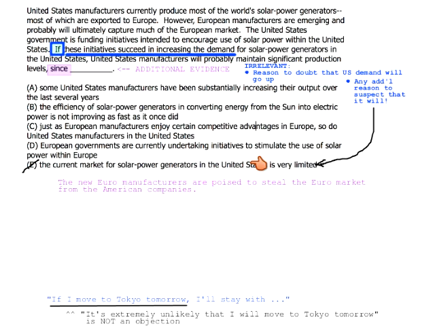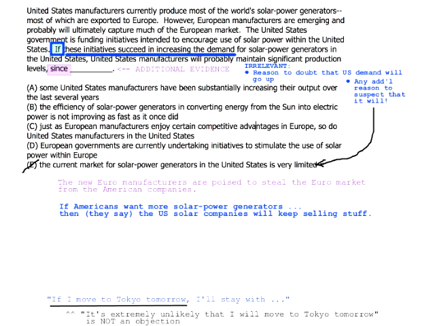So, because we're only talking about a situation where there is an increase in demand, if Americans want more solar power generators, then they say the American solar companies will keep selling stuff.